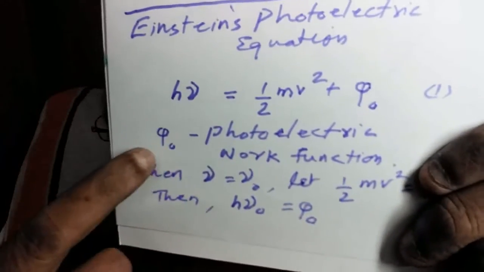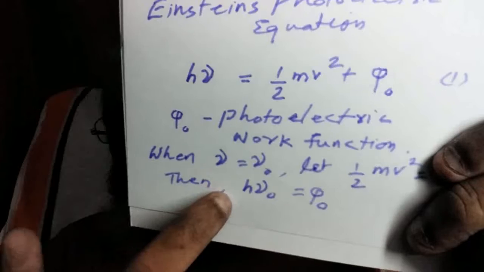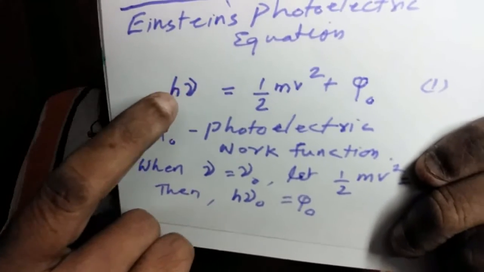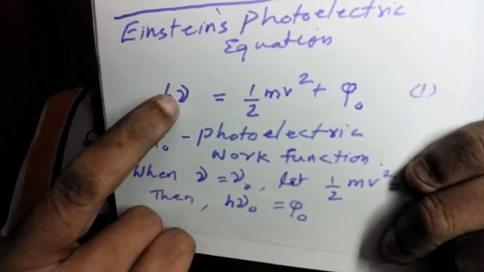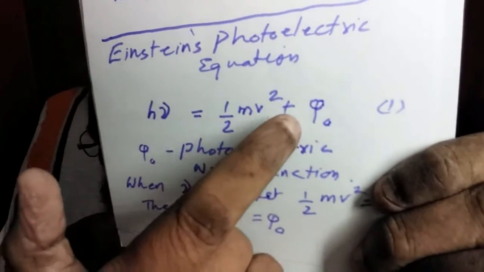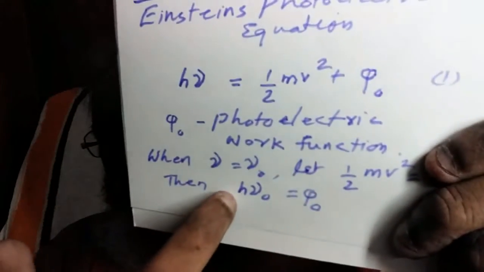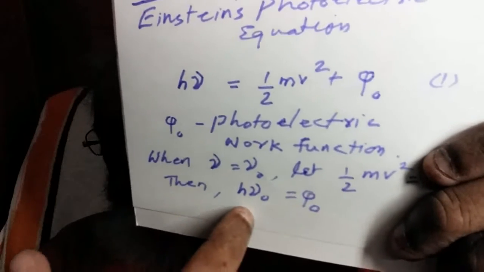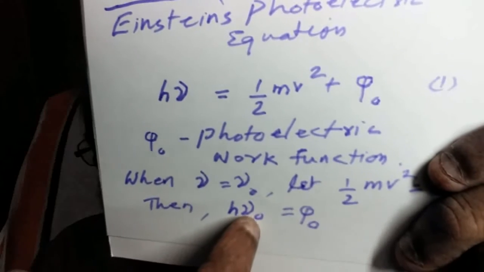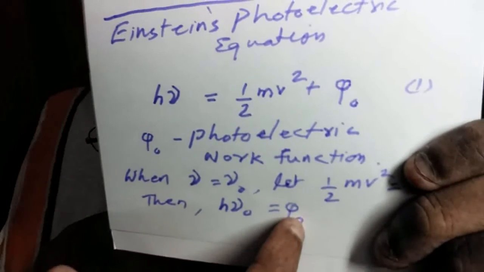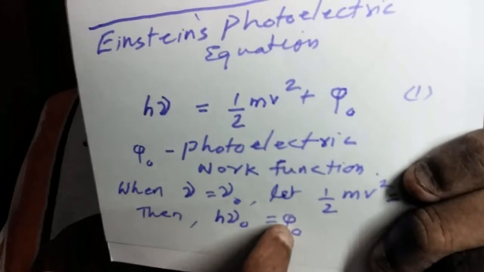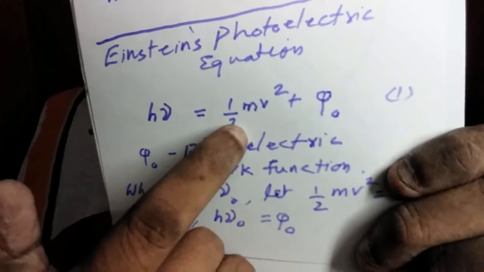Then we can write, in the place of h nu, you put h nu 0 equals kinetic energy, which is now 0, plus phi 0, or h nu 0 is phi 0. This means that nu 0 is the minimum frequency required to liberate the electron, but not sufficient enough to supply the kinetic energy for emission.